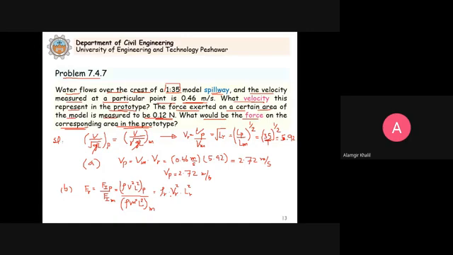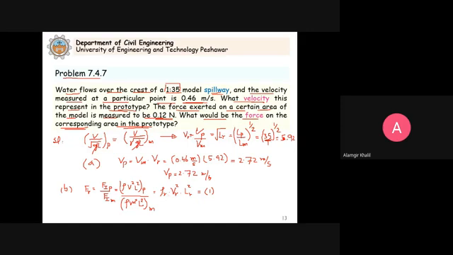Now if we are assuming that we have the same fluid in both the model and the prototype, then this rho R will become equal to 1, because we have the same fluid in the model and the prototype.